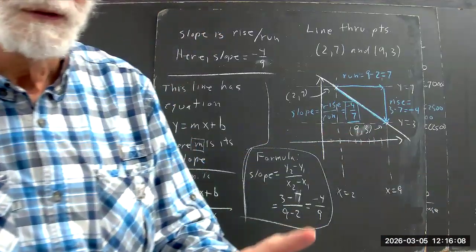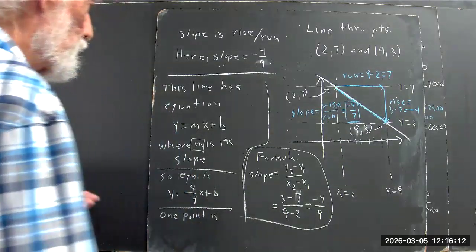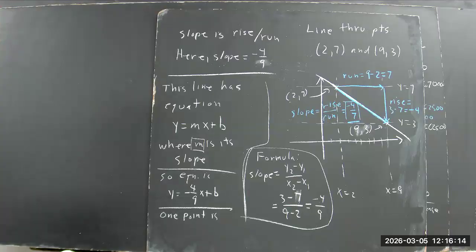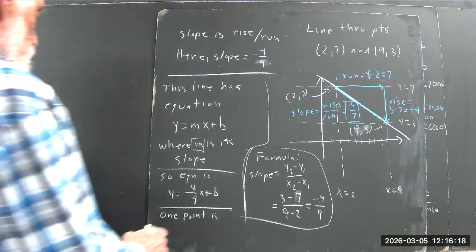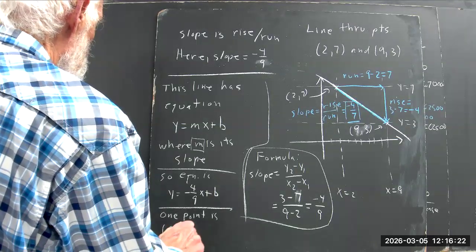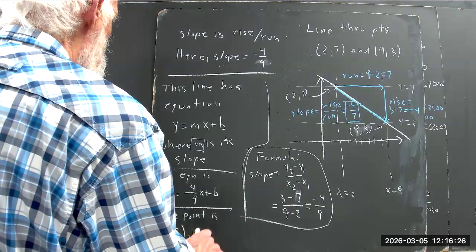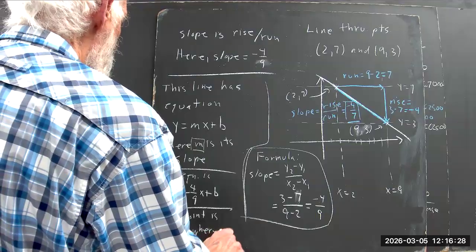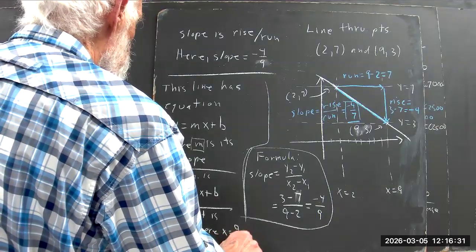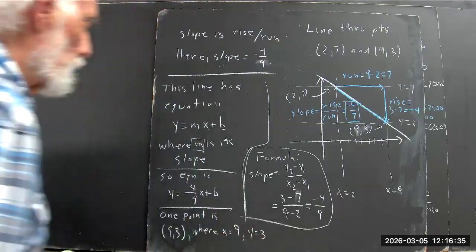It doesn't make a bit of difference unless the arithmetic is easier for one point than it is for the other, but probably not. Okay. One point is 9, 3, and it turns out that the arithmetic really is easier for this point. Where x equals 9, y equals 3.